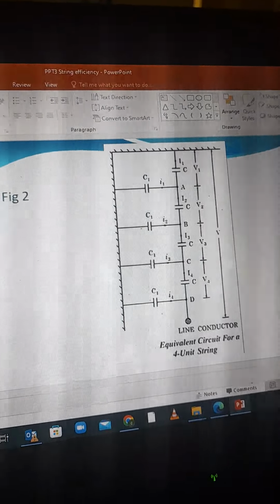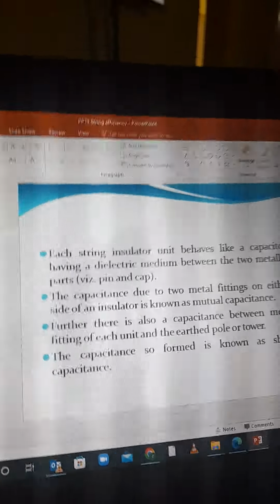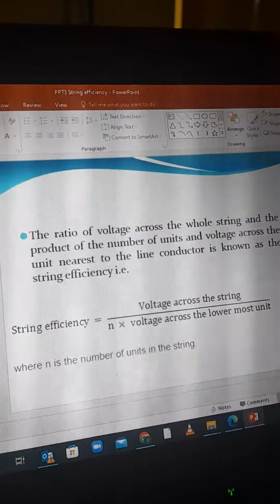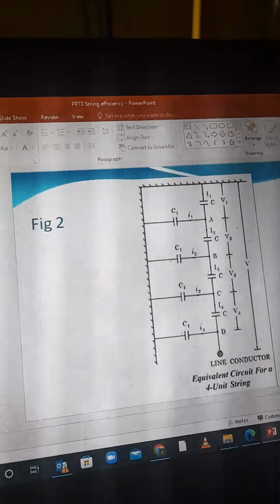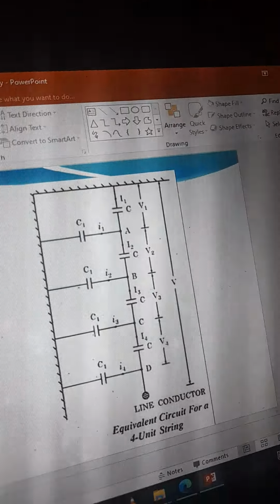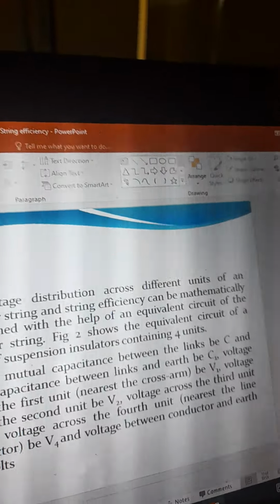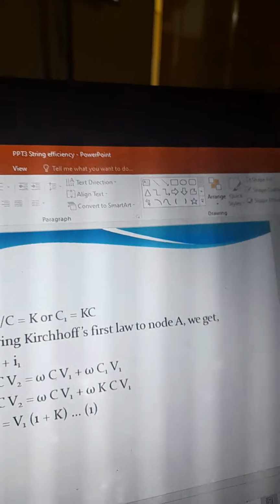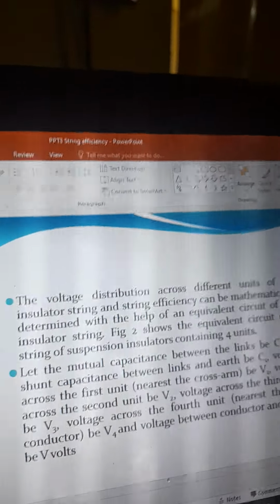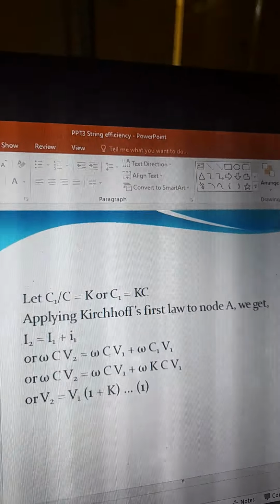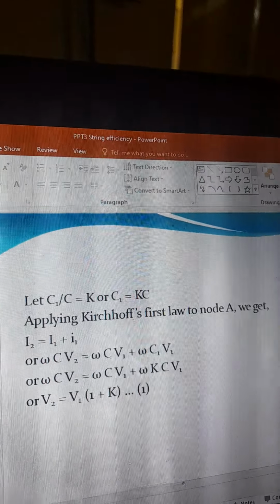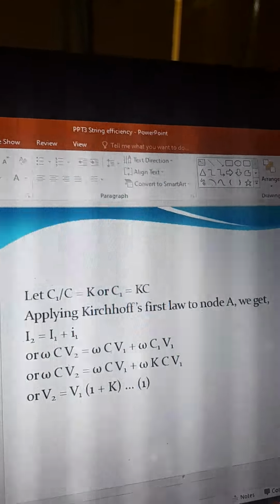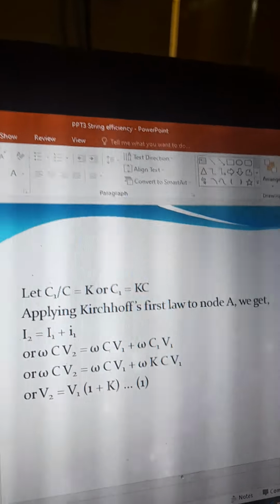That will give us the efficiency, that ratio. For the meantime, that's that. Then I will go through the calculations and derivations that we use to find V1, V2, V3, and V4.